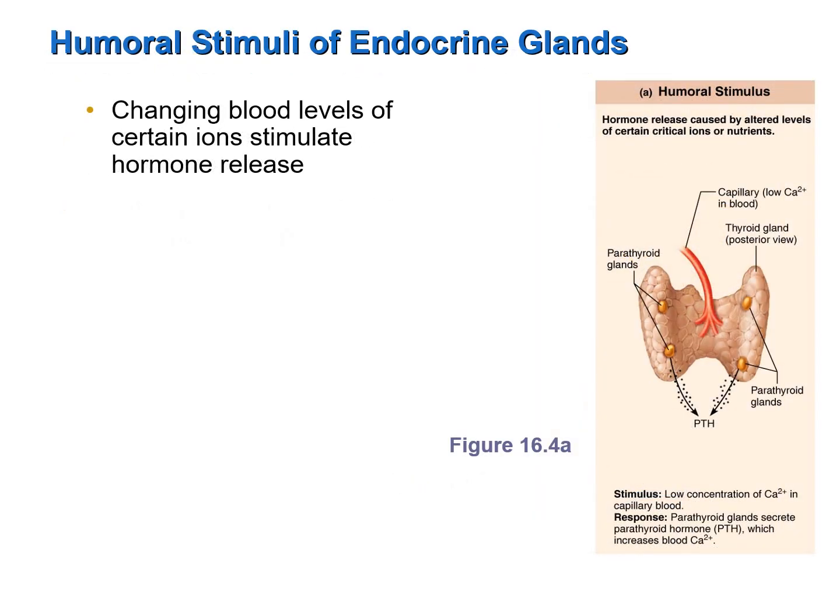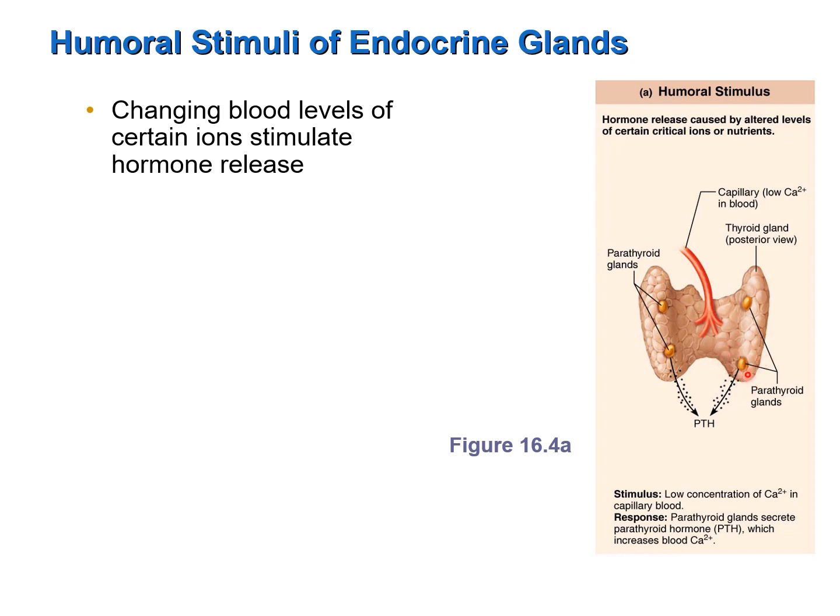Another type of stimulus for hormone release is called a humoral stimulus. And a humoral stimulus is any change in substances in the blood other than hormones. Any change in substances in the blood that cause the release of a hormone. So in this example, we have the parathyroid glands.